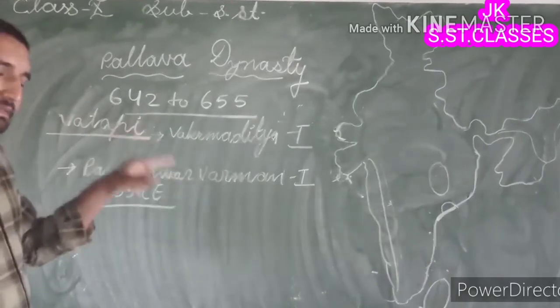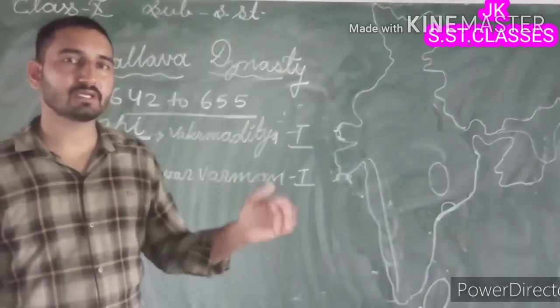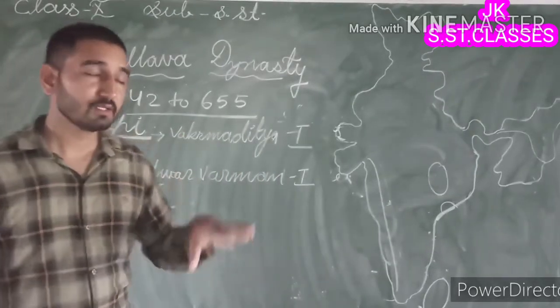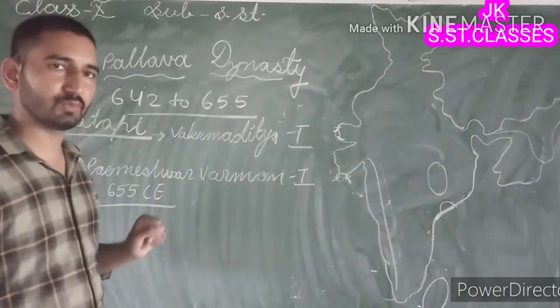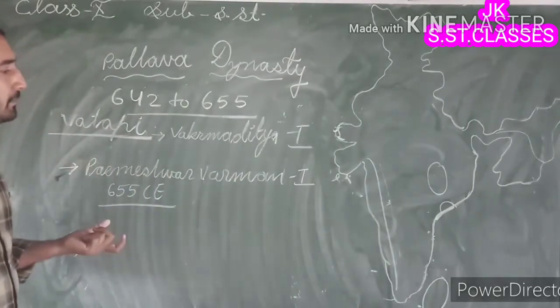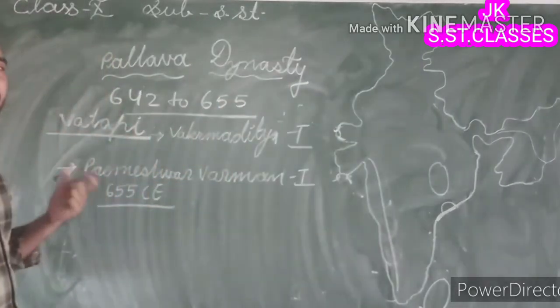After Narasimhavarman I, Mahendravarman II became the ruler, but he died. After that, Parameshvaravarman I became the Pallava ruler, who was defeated by Vikramaditya I in 655 Common Era.